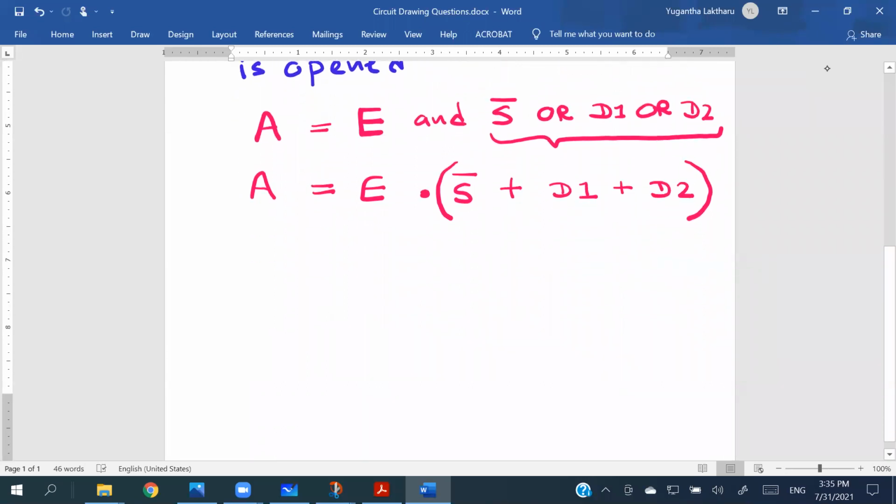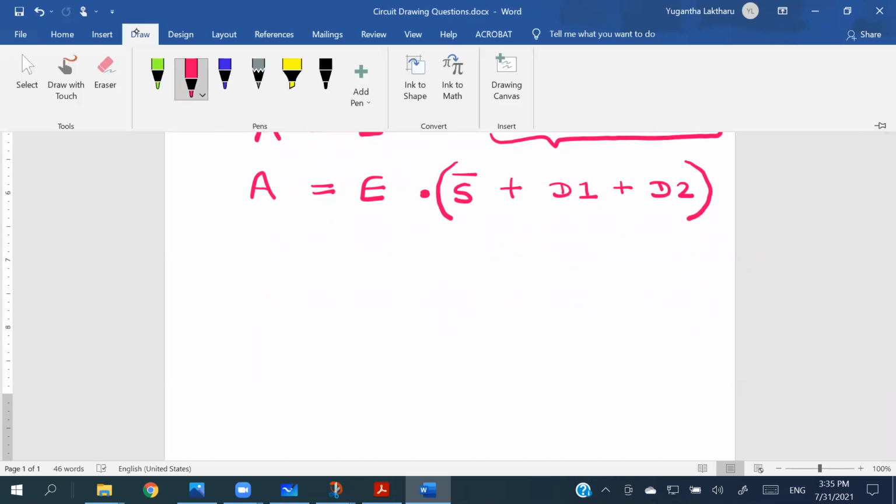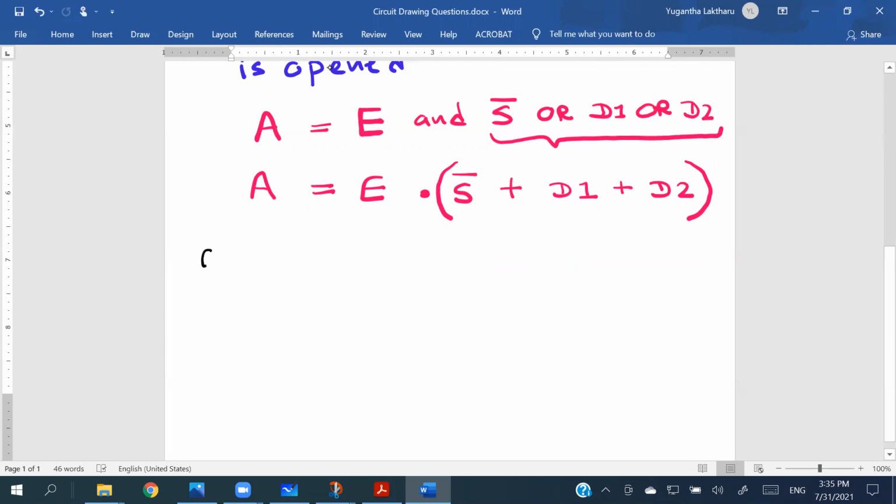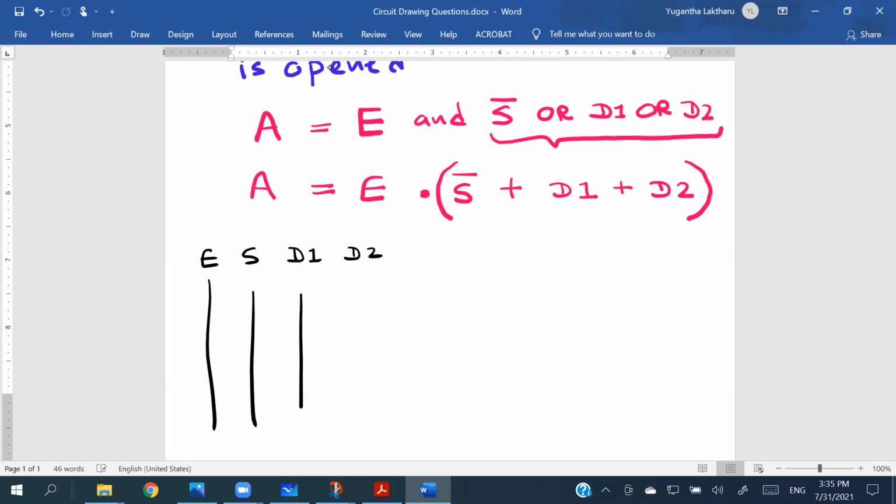Because you know the expression. Now you can draw this, right? So how are you going to draw this? You are taking E, S, D1, D2 as the input lines, right? So then you can take E. First you are going to solve the bracket. So inside the bracket, S bar and pluses are there.